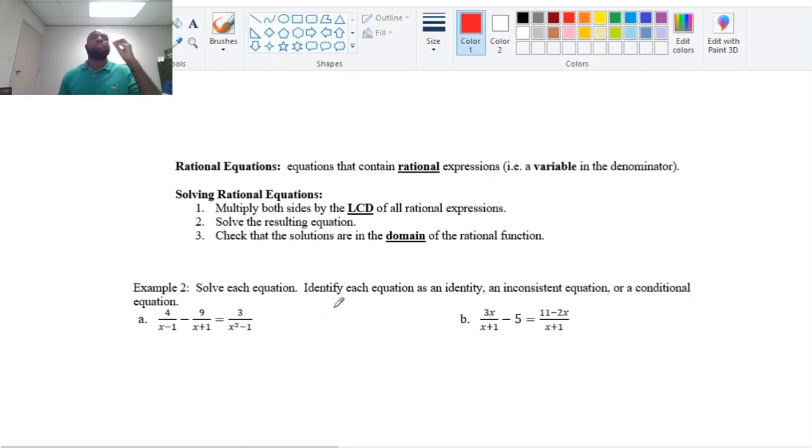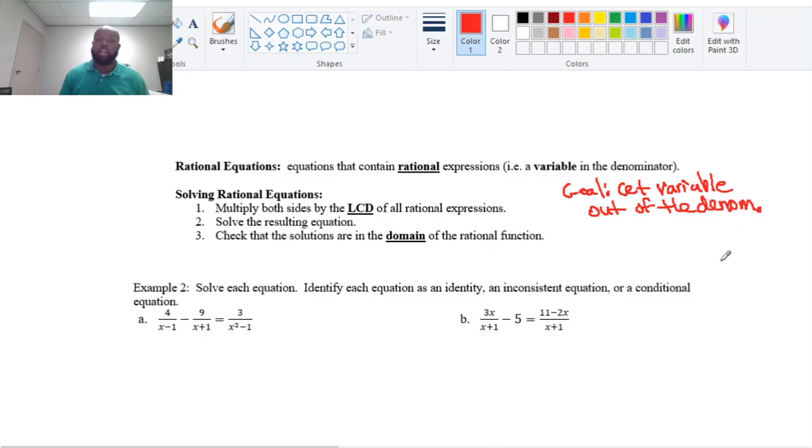And we don't want to solve that equation with the variable in the denominator still in our answer. So we have to find a way to get the variable out of the denominator. So one of the goals here is to get the variable out of the denominator.